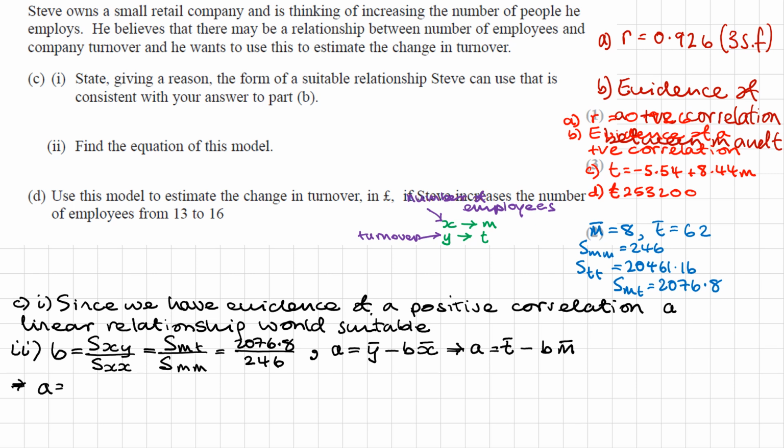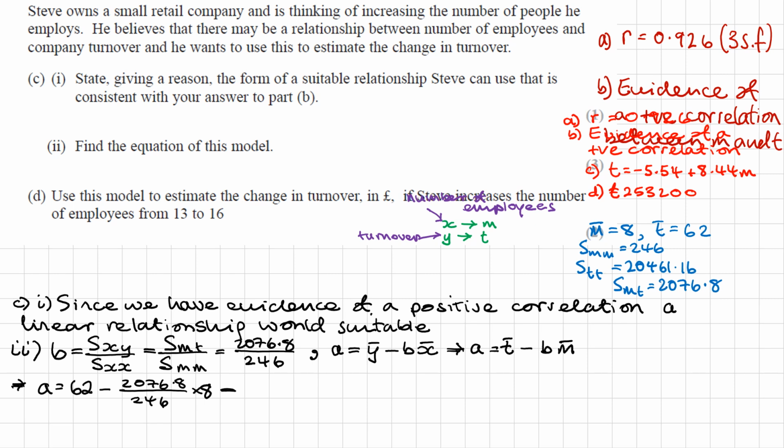So the mean of T is 62, minus b, that's 2076.8 over 246, times the mean of M, which is 8. Right, so let's see what we get for a.